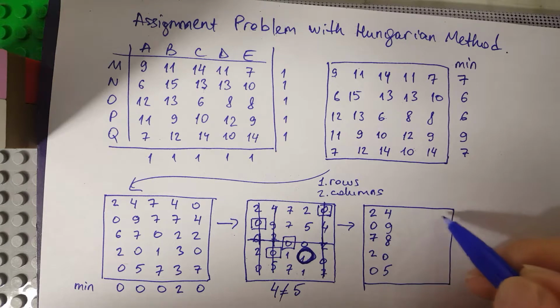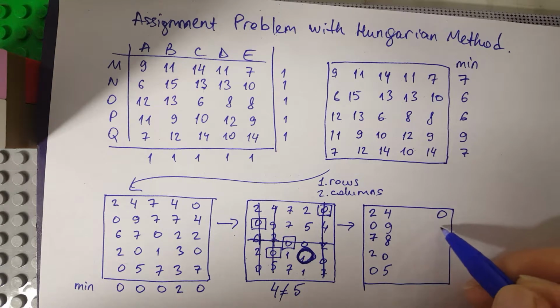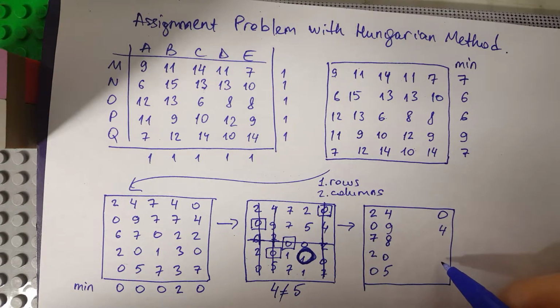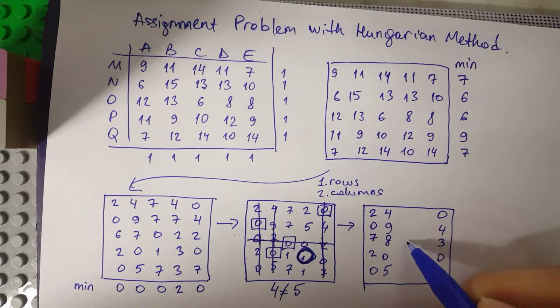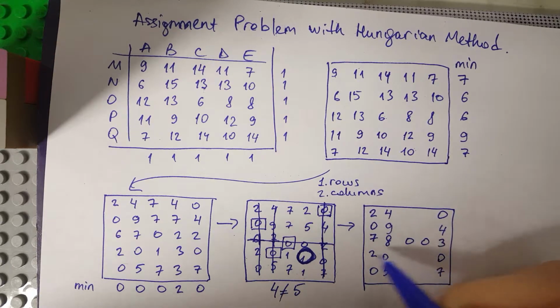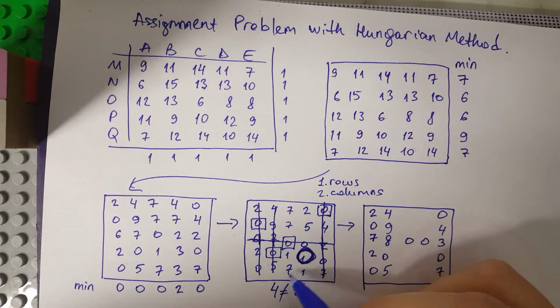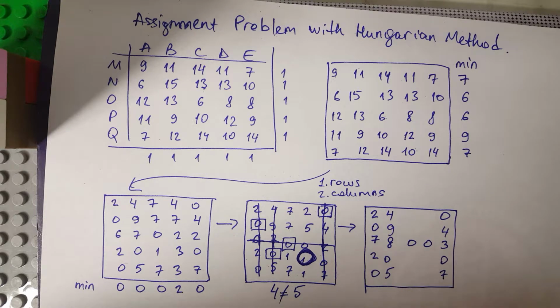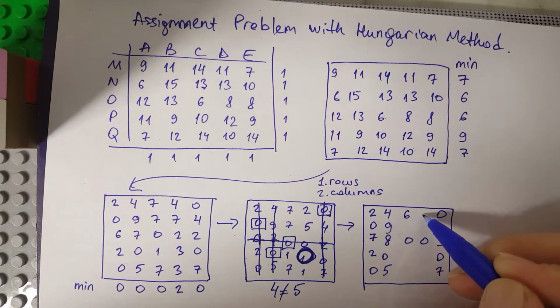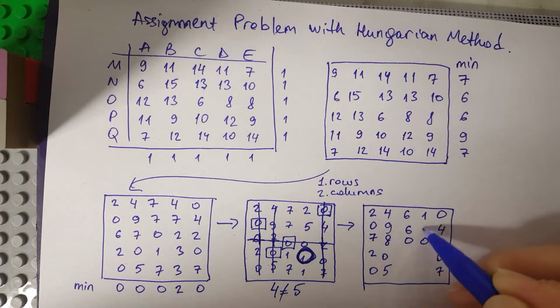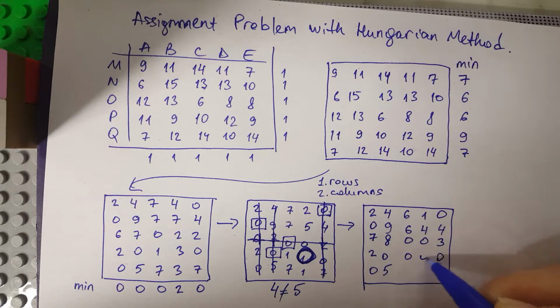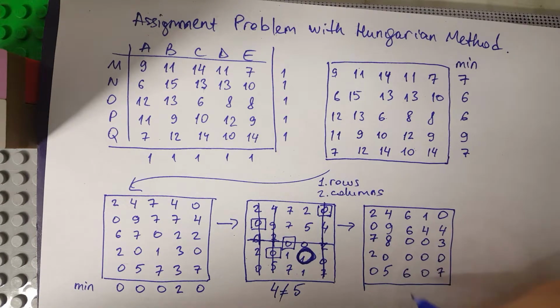Next, these ones, 0, 4, and 2 is on an intersection, so it will be 3, and 0, and 7. These numbers also will stay the same, 0 and 0, but the numbers that are not crossed with lines will be decreased by 1. So here will be 6, here will be 1, 6, and 4. Here 0, 0, 0, and 6.